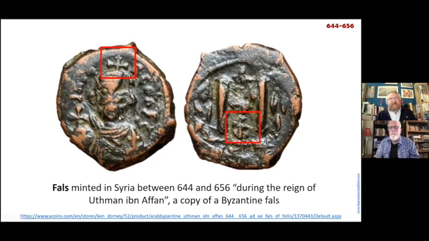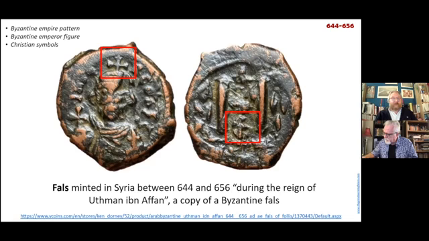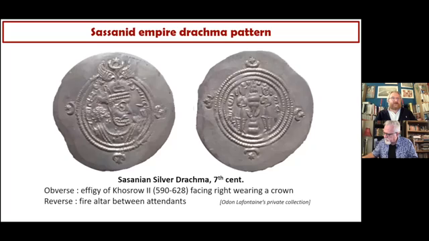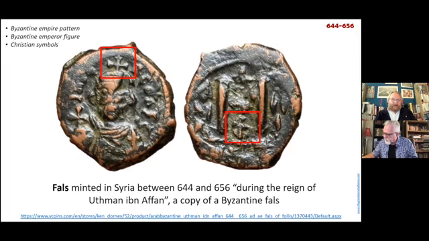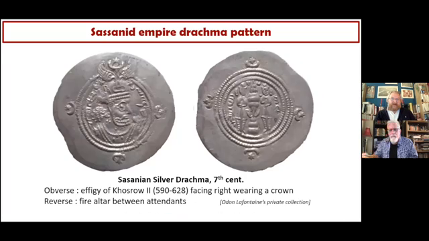How could a Muslim in his right mind put a Christian sovereign on his own coins? This is not a Muslim coin. This is a Christian coin, or quasi or pseudo Christian coin, and still the same Byzantine Empire pattern, Byzantine Empire figure, and Christian symbols. But then let's go to the east.